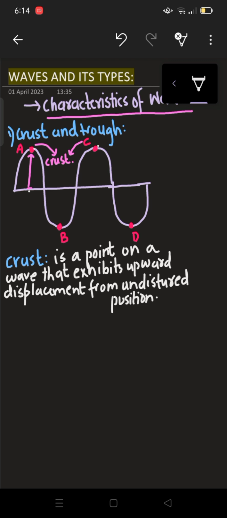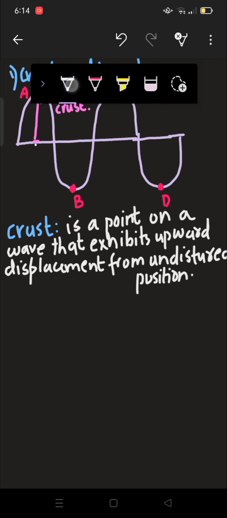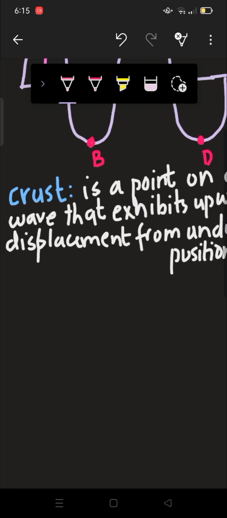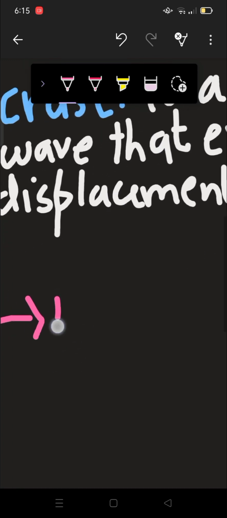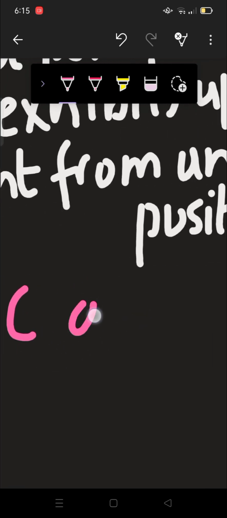So that point is known as a crest. So here in this case, what are the crests? A and C are the crests here. So let me write that as well. A as well as C are crests.